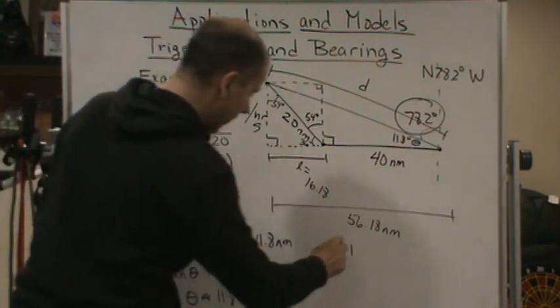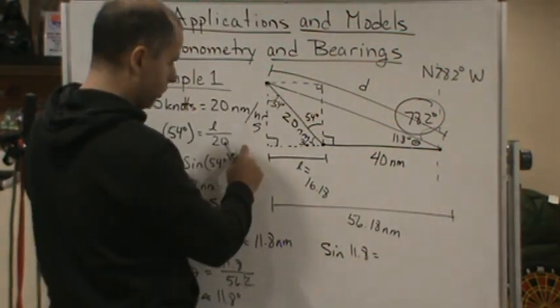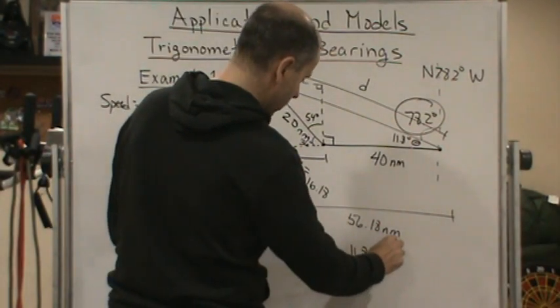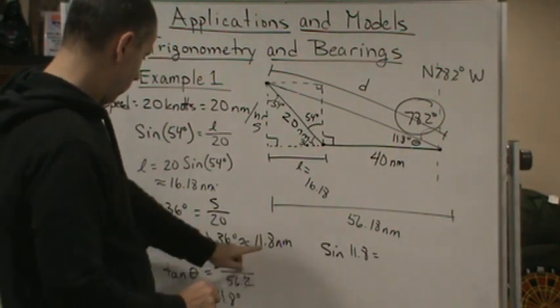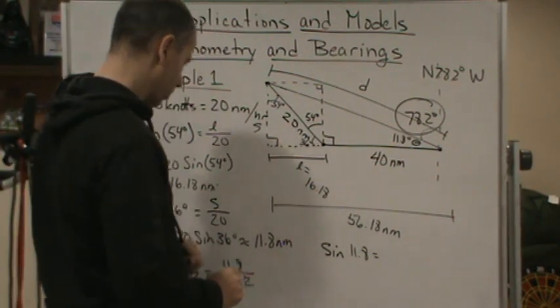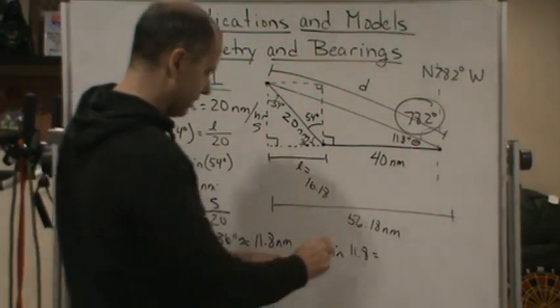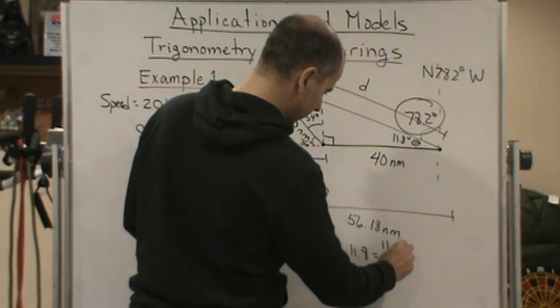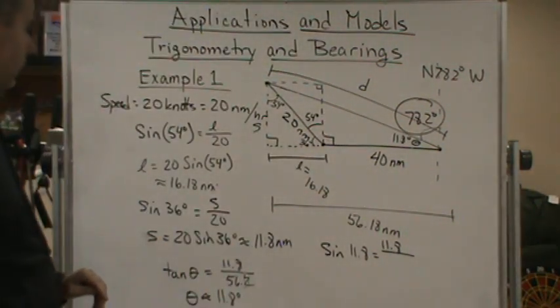So we're going to have to do sine of 11.8 is equal to S, which we got 11.8. Okay, so it looks like that's the same. So 11.8 over D.